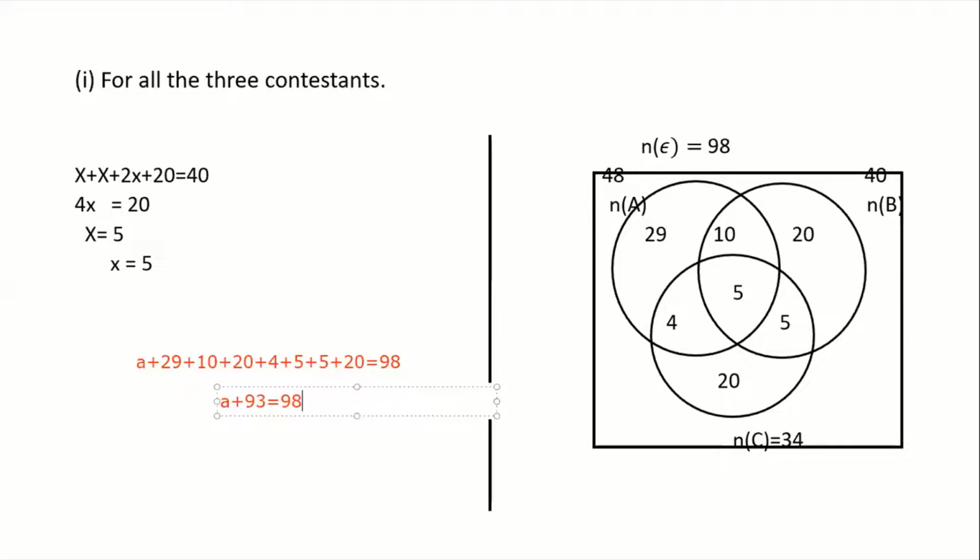This is showing you that our union has 93 people, but all those who were there were 98.